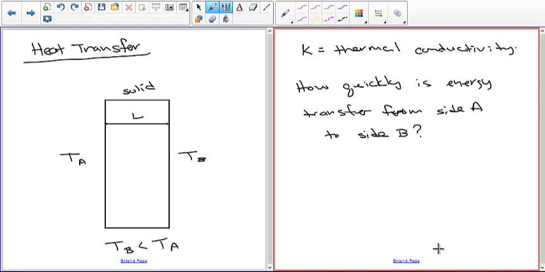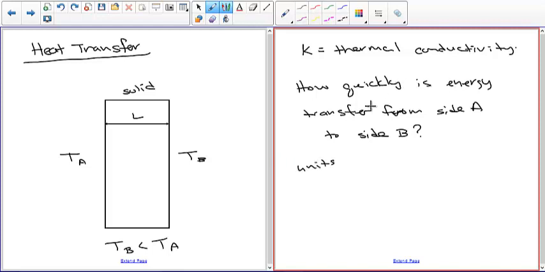It's kind of like how quickly work is done. Energy and work are interchangeable in some sense. They're both joules. So when we talk about heat transfer, most of the time we're talking about energy transfer rate. Let's think about the units.